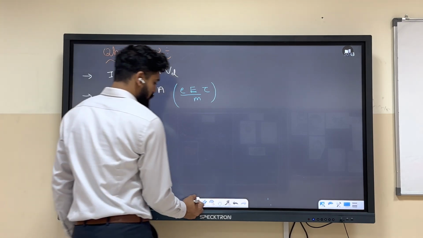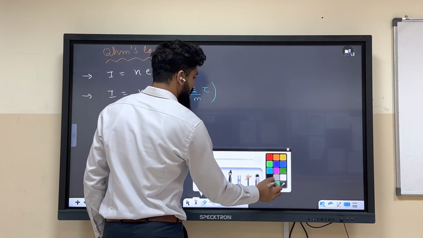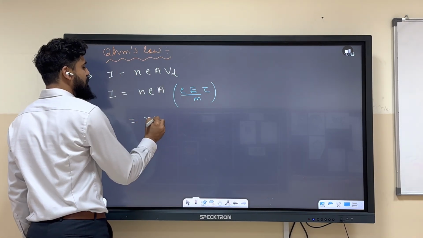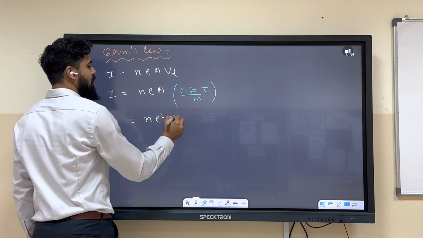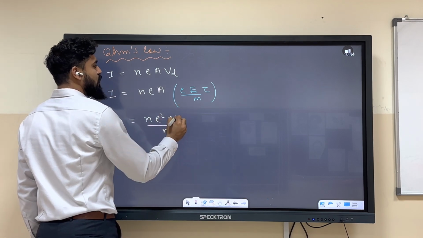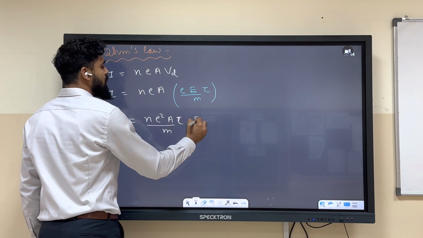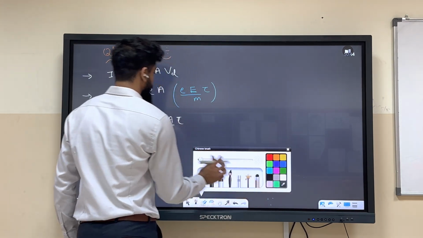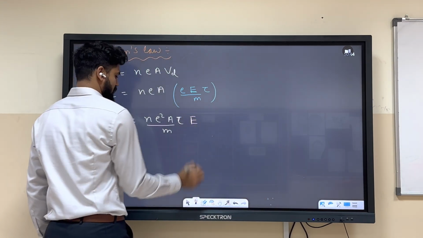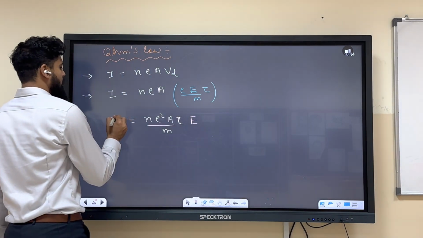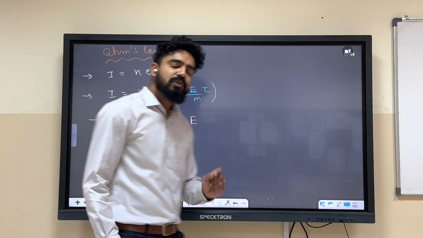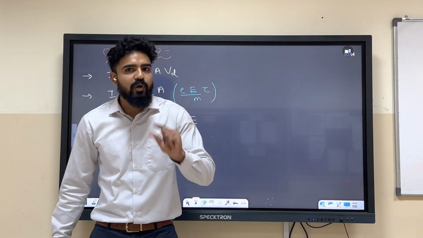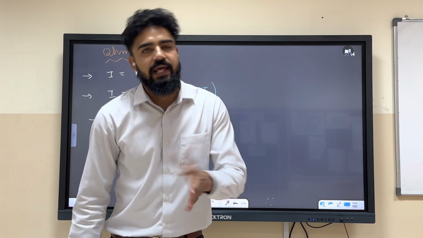Now can you see the electric field? So we can also write it as e into e, so e square will come, A comes down, m on top, tau into E. I'm just writing E with a different color. Now ask yourself, how can we write electric field in terms of potential difference and length?